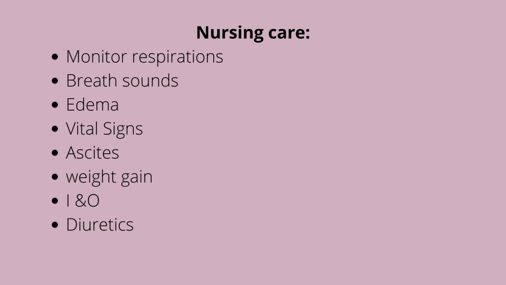Any patient who's in fluid overload, we measure their weight daily, and with ascites, we normally measure the stomach, right, at the largest part. And then we'll maintain a strict input and output, and we'll also administer diuretics, furosemide, spironolactone, to help this patient diurese, right?